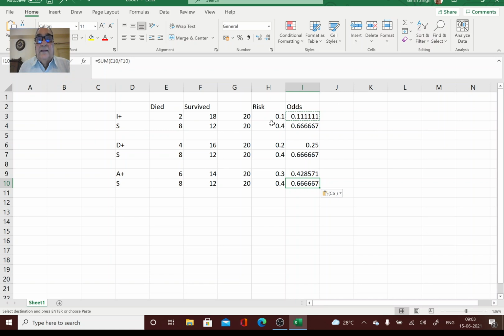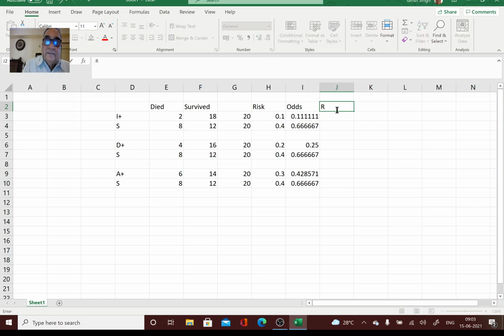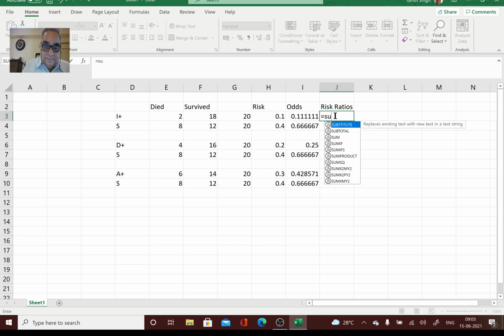Then we compare the risk ratios, and this is equal to sum risk in the Ivermectin plus group divided by risk in the no treatment group.